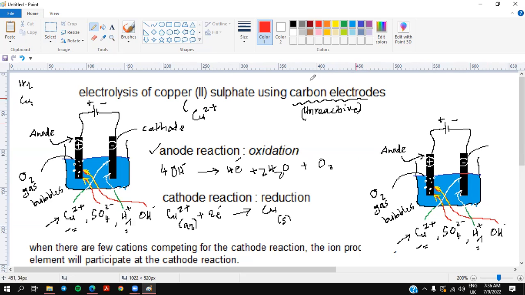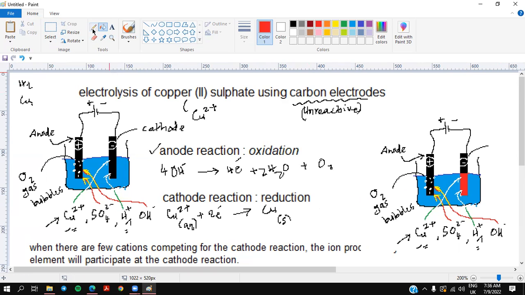Children, the cathode is going to change a little bit from the way I have shown here. On the left-hand side, the cathode is fully black because it's carbon. On the right-hand side, the part of the cathode dipped in the solution is red. Why? Look at the cathode reaction.